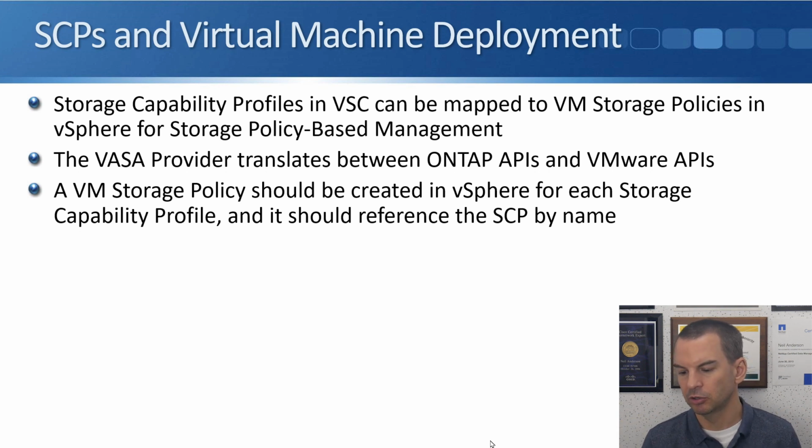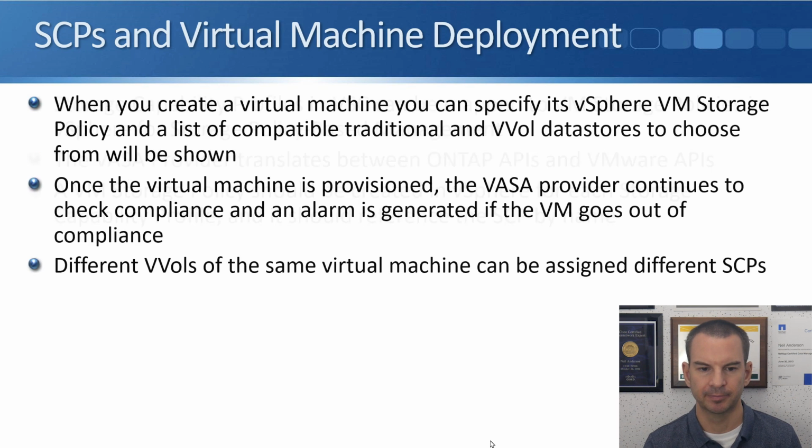So let's say that you're using the Platinum and Gold storage capability profiles. What you would do is go to the VM storage policies page in the vSphere client, and create 2 VM storage policies, also called Gold and Platinum. The Platinum one would map to the Platinum SCP, and the Gold one would map to the Gold SCP. So you have that one-to-one linkage there.